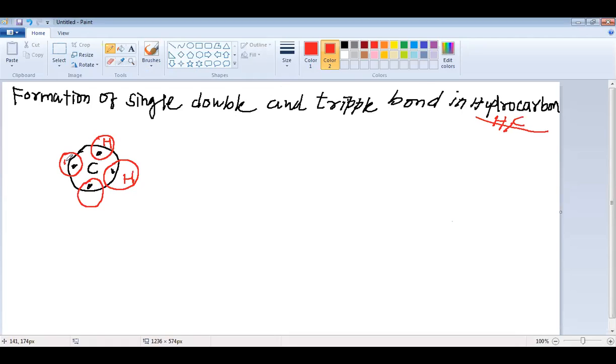Carbon can make 4 bonds at a time and carbon shares its electrons. So here you can see, my dear students, that carbon has shared its electron with hydrogen.